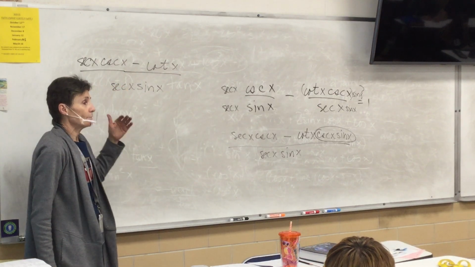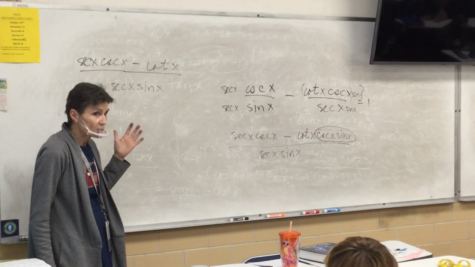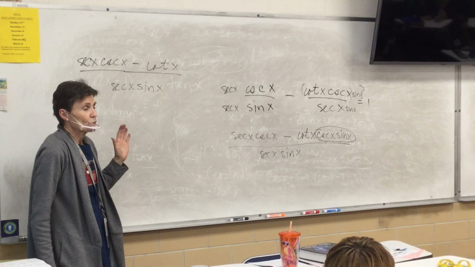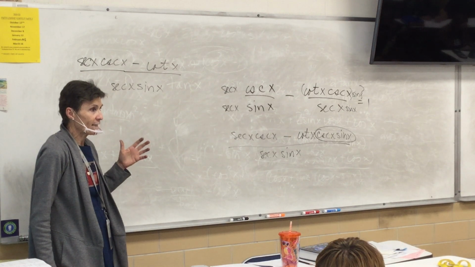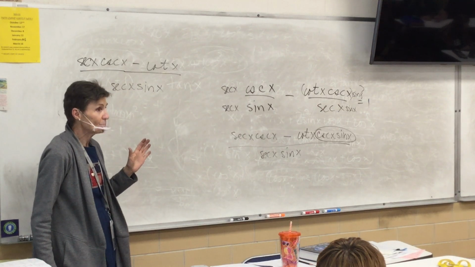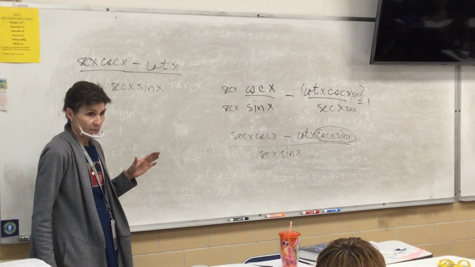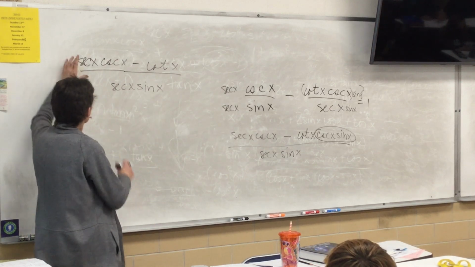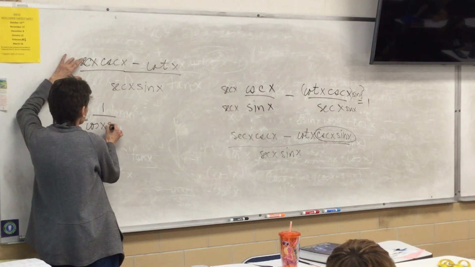Now, if your goal is to get all this junk to cancel out, shouldn't we be trying to make them the same things instead of having secants and cosecants and cotangents? So let's change them all into sines and cosines and see what happens.